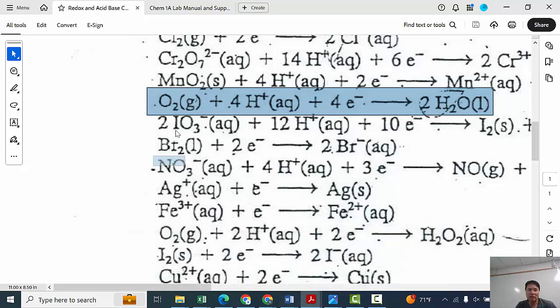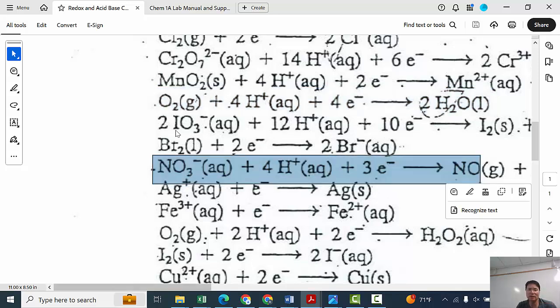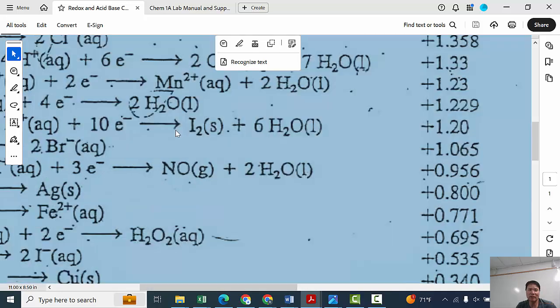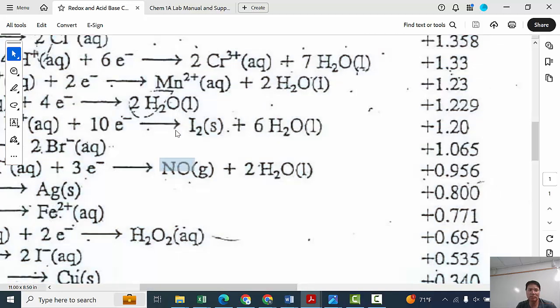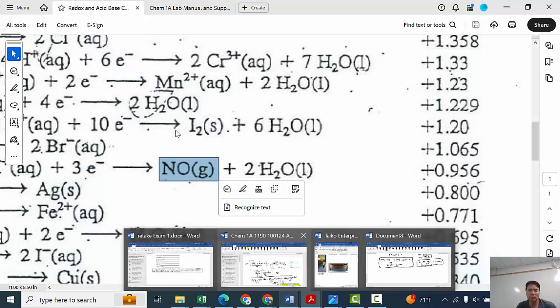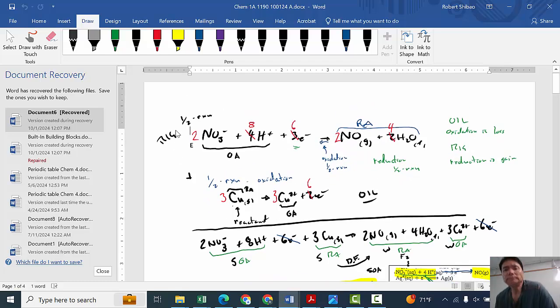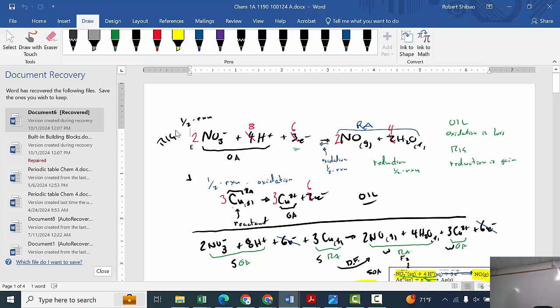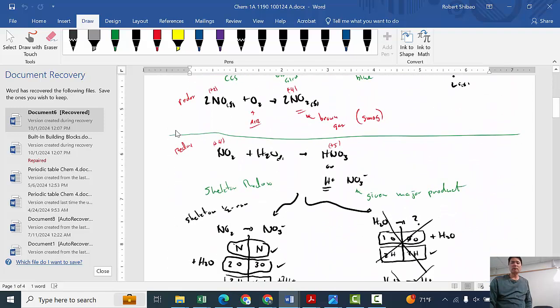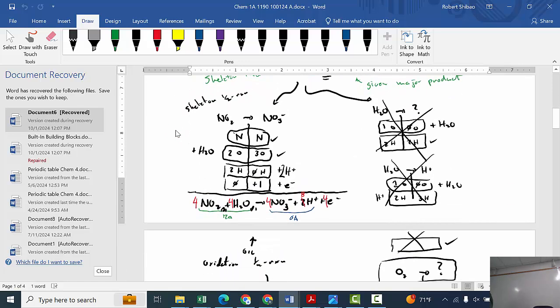We have nitric acid, and so if I look at nitric acid here, it goes to, or not nitric acid, I should say we have nitrogen monoxide. We have nitrogen monoxide or nitric oxide here. NO. But when I look at this particular reaction, it's not NO that I'm looking for, it's NO2. So I have nitric acid here.